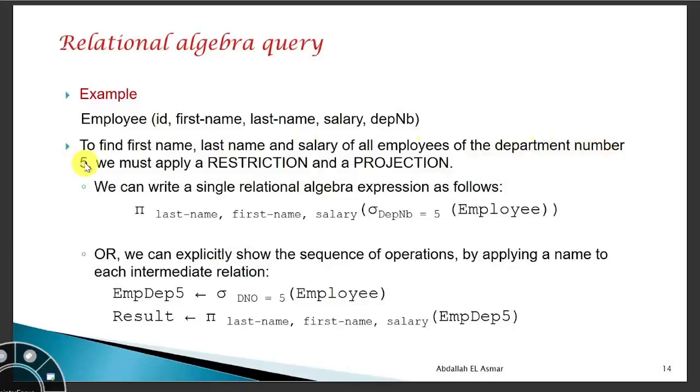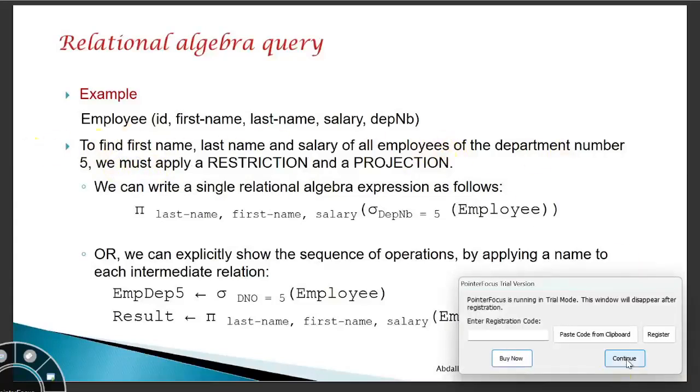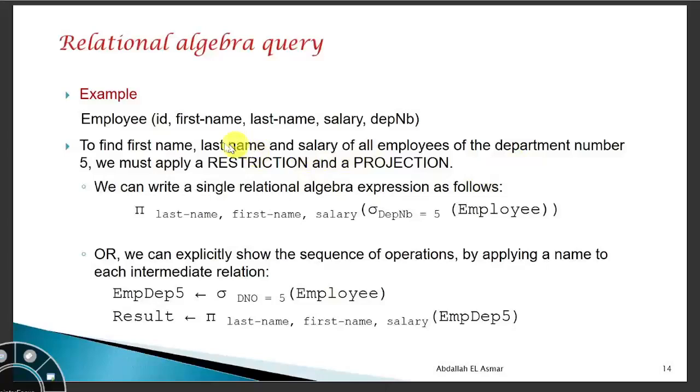So first of all, you select all the rows from this table or relation where department number is equal to 5, on relation employee, and then on the result you do the projection.